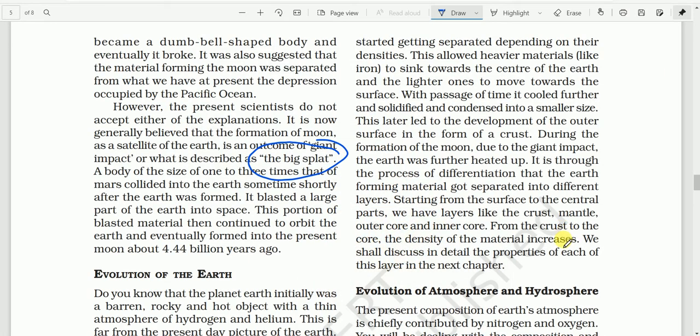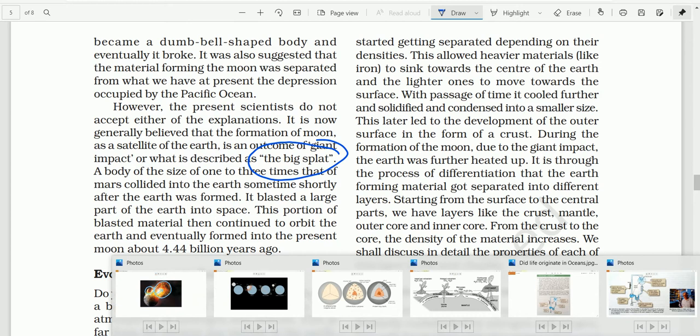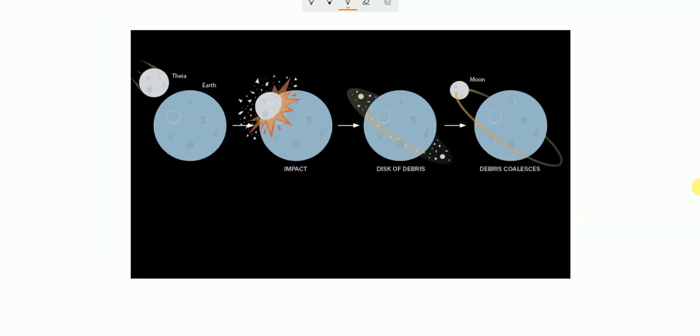The name of the asteroid, or the celestial body, was Theia. This is the asteroid which hit the Earth.